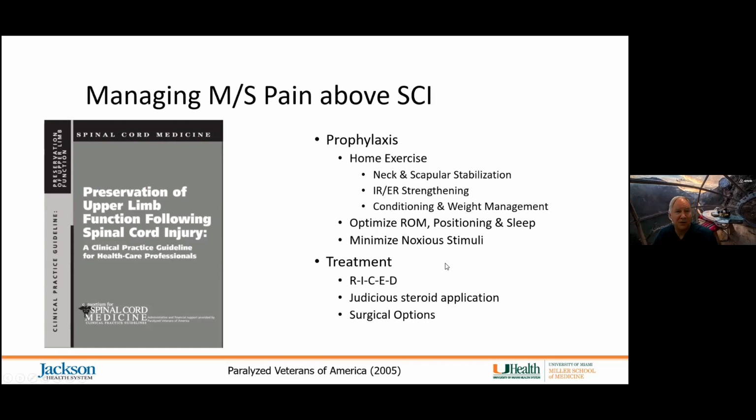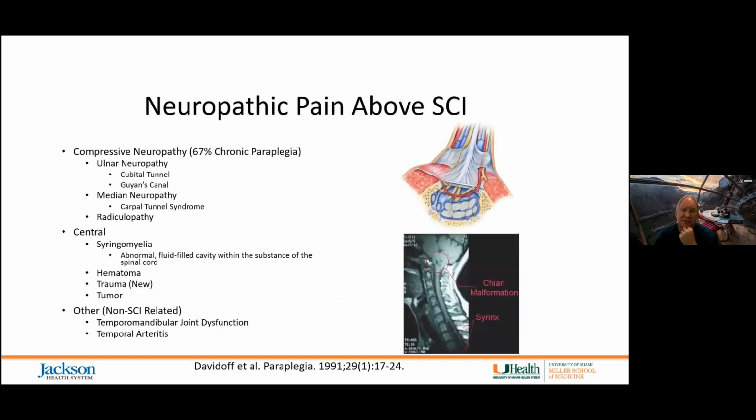So the treatment for musculoskeletal pain, typically rest, ice, compression, elevation, and drugs, judicious steroid applications we're going to be discussing, and then potentially surgical options as we go through this. So compressive neuropathy occurs in approximately 2/3 of our folks with chronic paraplegia who are manual wheelchair users.